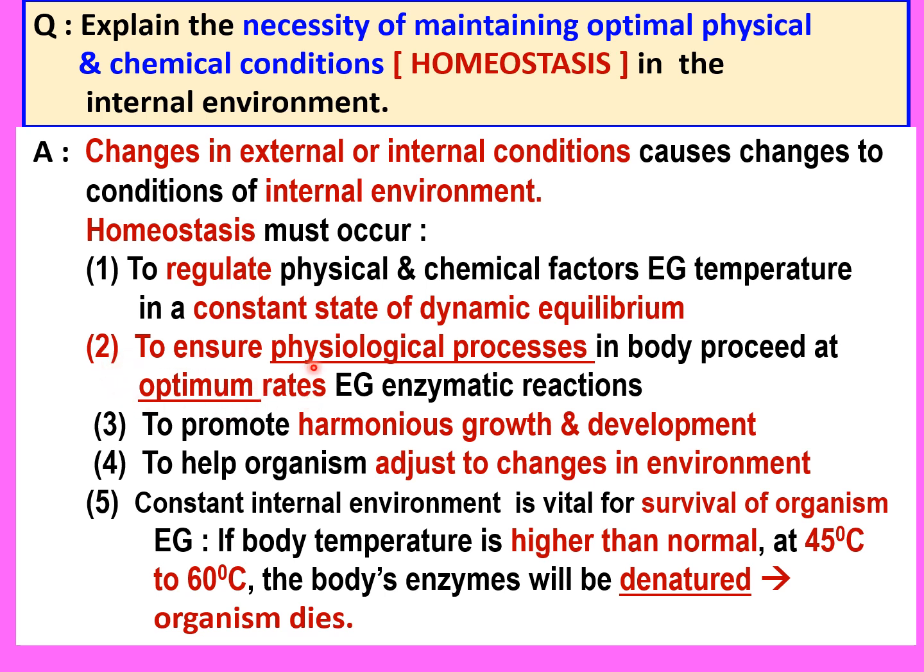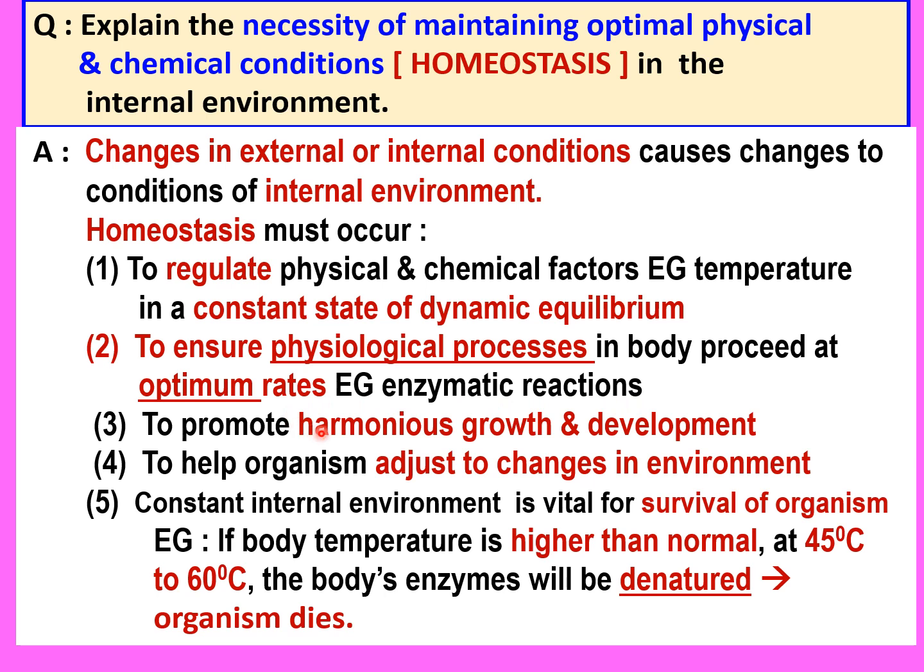So to ensure physiological processes, they are processes that need to be carried out in the body for the survival of the organism, such as enzymatic reactions, for example. These enzymatic reactions need to proceed at optimum rates, that means at the highest rates, to keep the organism alive and for the well-being of the organism.